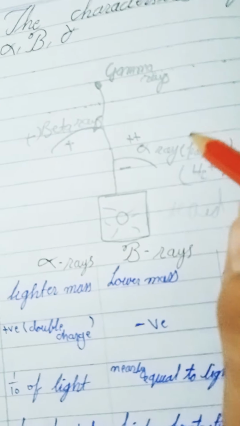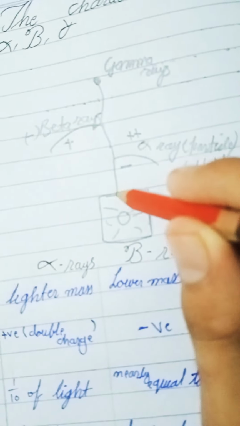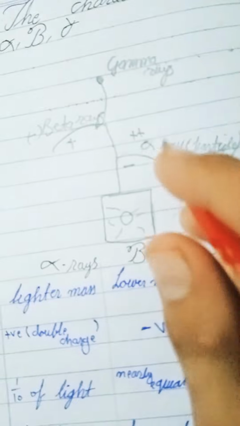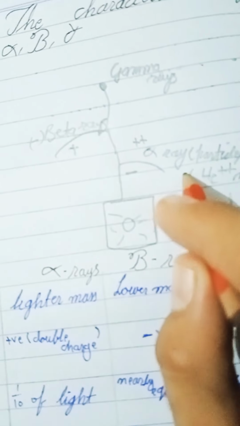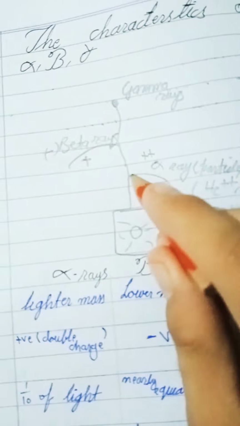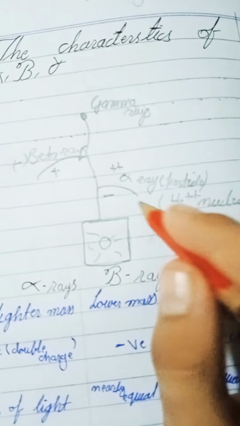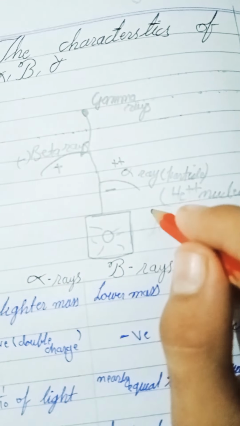When the ray comes, here's a hole and the single ray is coming. So let's discuss. Basically, alpha has more mass, so it decreases.